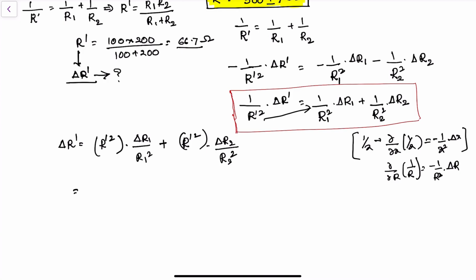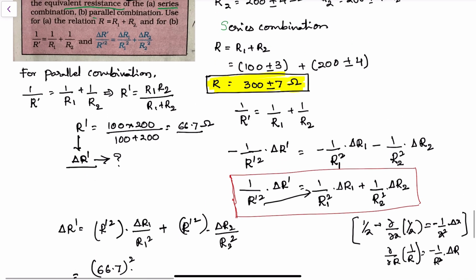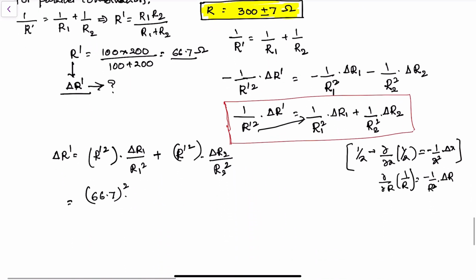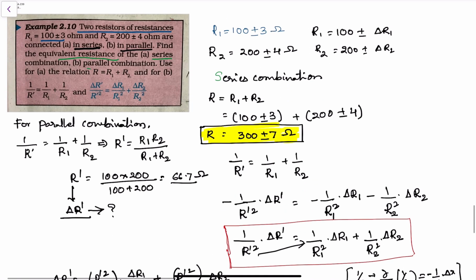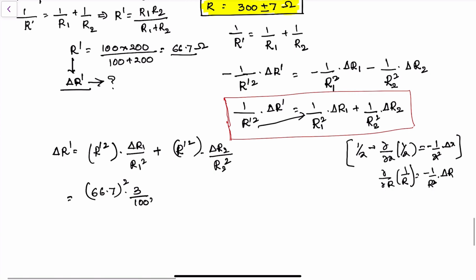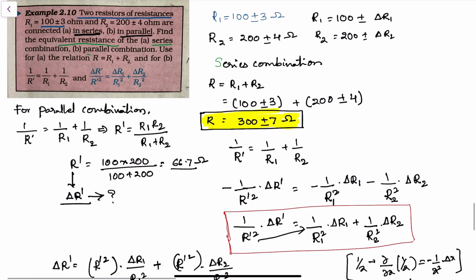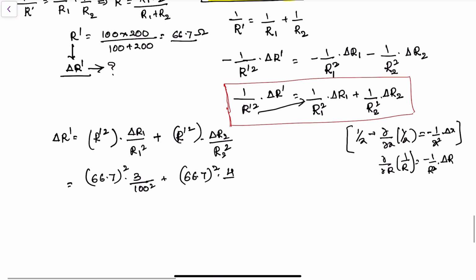What is R dash value? 66.7 whole square. What is delta R1? Delta R1 is 3 ohms. What is R1? Sorry, R1 is 100 square. R dash square is 66.7 whole square. Delta R2 is 4 by 200 square.